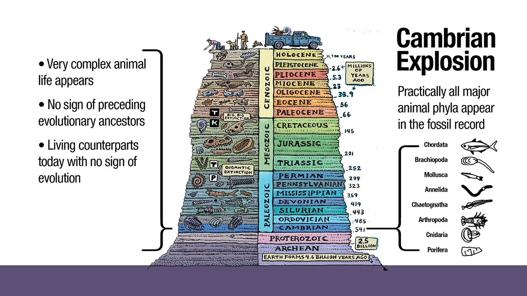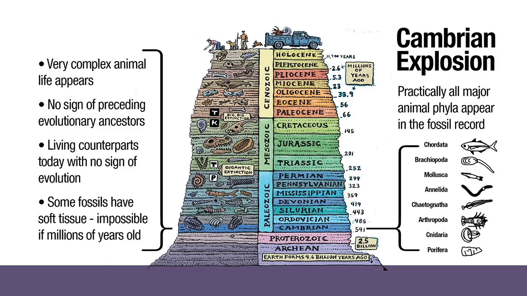There are living counterparts found today with no evolution, so some of the creatures that were alive way back then are still alive now, and they look just the same. And some fossils have soft tissues, which again is supposed to be impossible. Not just dinosaurs that are having soft tissues, it's a lot of other things that are being found with soft tissues. And considering their supposed age, that's really quite an outlandish statement.